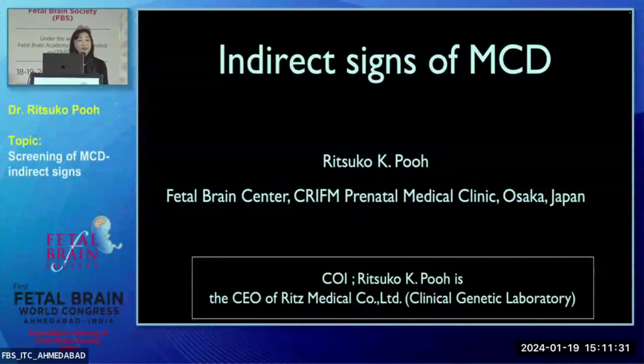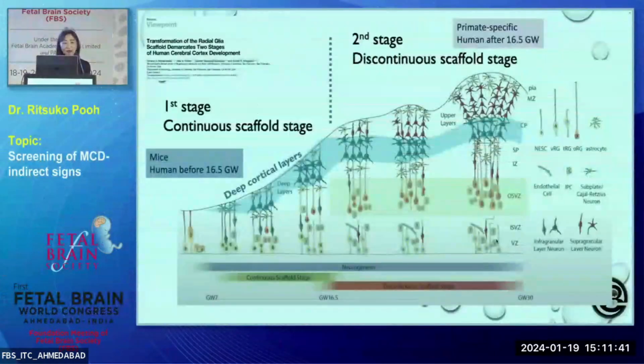Okay, so MCD. I would like to talk about the indirect signs of the MCD. In humans, you can see the first stage and the second stage of the migration.